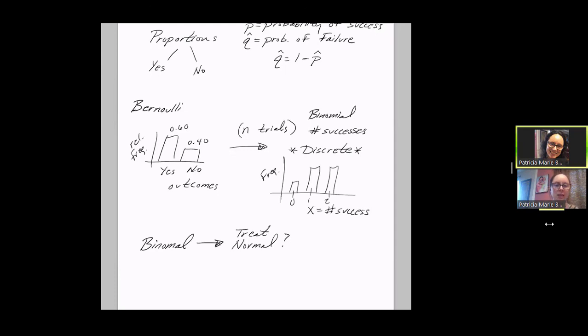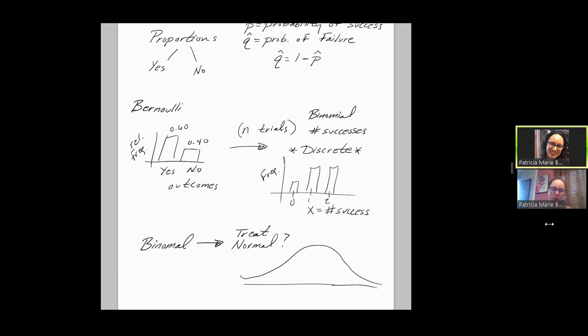Can I treat it like it is a continuous variable? Can I know if it is a normal shape, or say that I would expect there to be a normal shape? Because I sure would like to get back to this point, just like over there with the X bar on the first slide we looked at together, or first portion of our notes. I sure would like to get to a point where I can think about it like this.